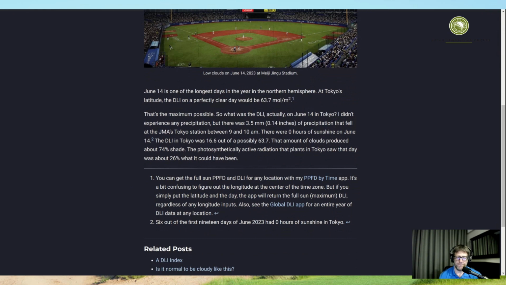But when you're just considering clouds, I like to easily estimate what the light restriction is by simply looking at 25% light restriction when you can see your shadow, 50% light restriction when you can no longer see your shadow, 75% light restriction, or 75% shade, when you not only can't see your shadow, but you can also no longer find the sun in the sky. So that's a rule of thumb.